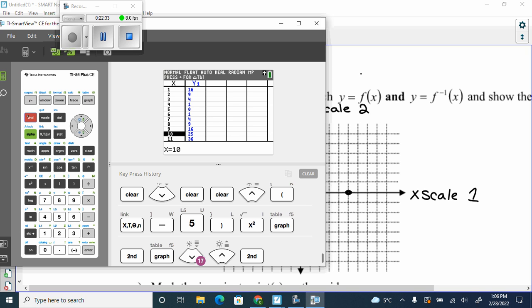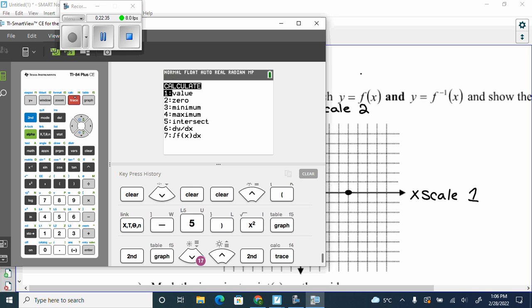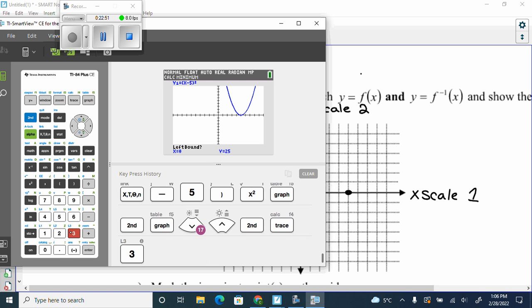If I go second calc, which is where we're going to go for life and most of the options, people are like, I don't know what to do because there's no word vertex, correct? But our minimum or our maximum are just a fancy way of asking for a vertex. Because this one is concave up, we'd find the minimum. So we pick 3 because it's the lowest we can go, and then it wants left bound.